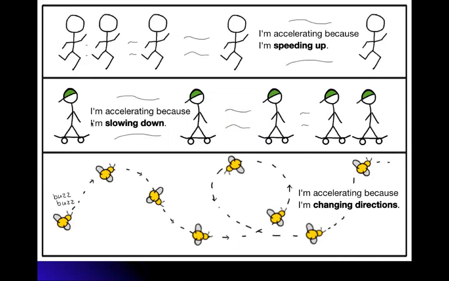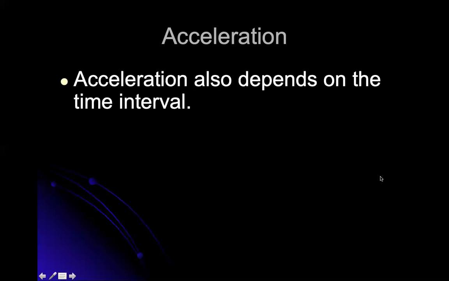This insect here is flying and it's constantly accelerating because it's changing direction. Its speed might be the same, but because it's changing direction, it's changing its velocity, thus it's accelerating. Acceleration also depends on the time interval.